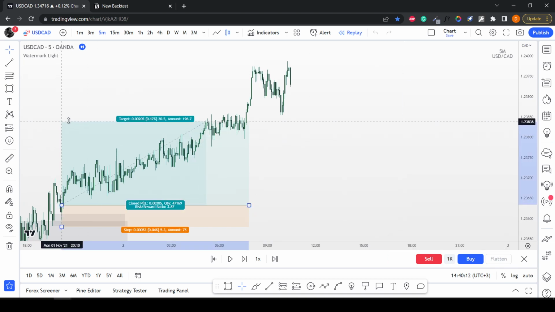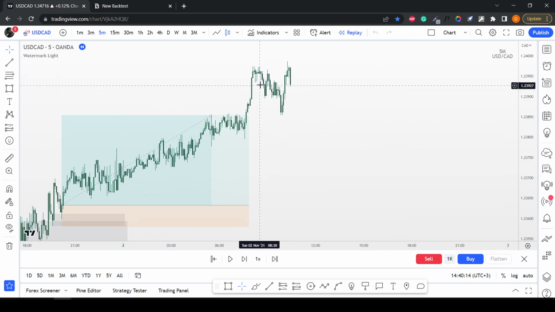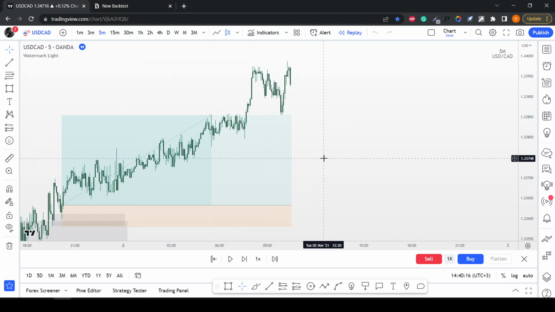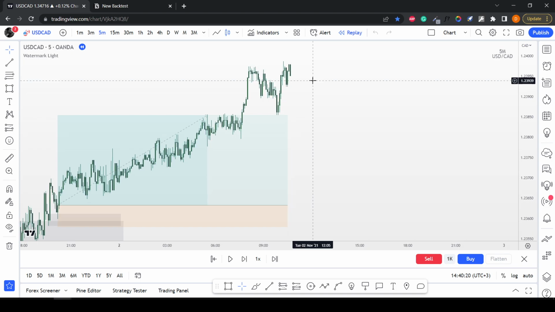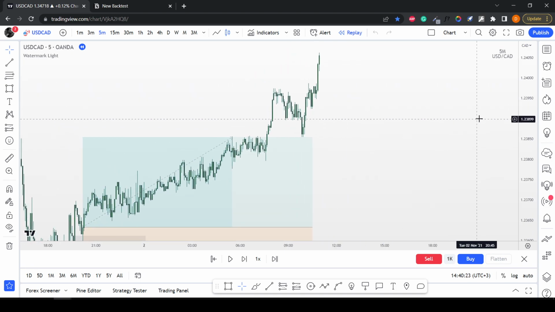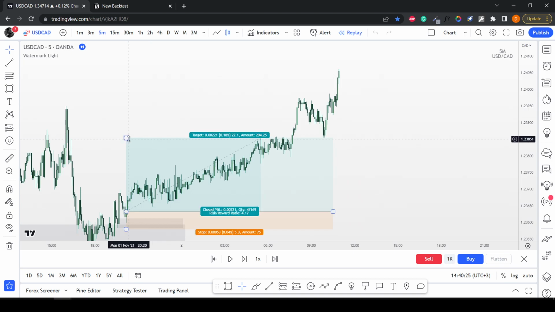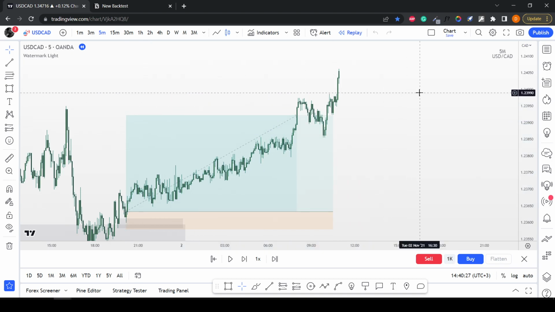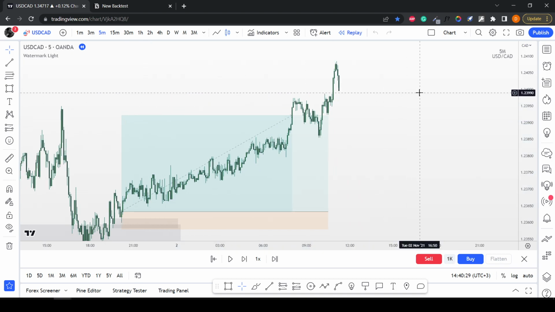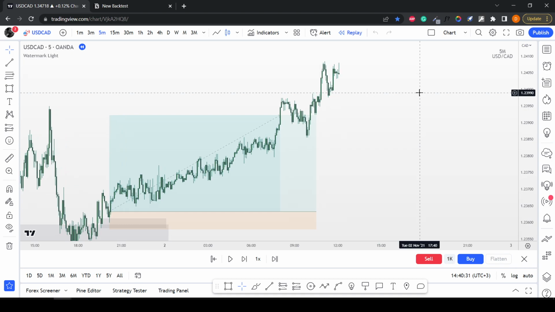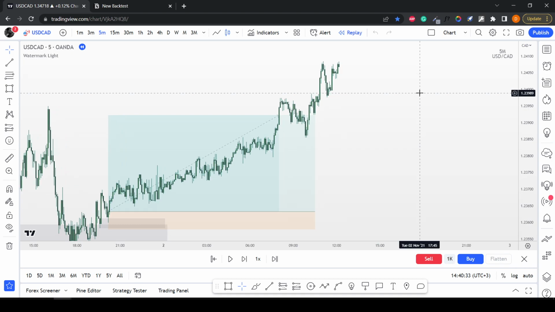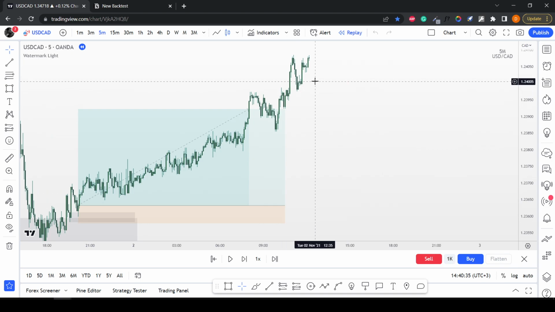Trail to this low, but right now of course definitely expecting it to take me out. No, it keeps going. Trail here. And now because of the fact that we are so high, I will start trailing more aggressively.